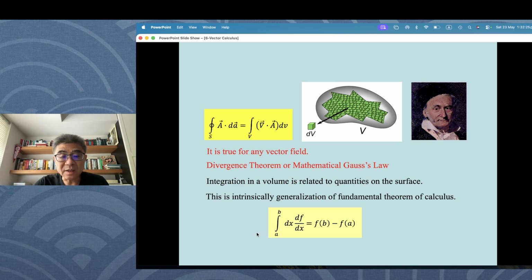The left-hand side, the integration, is the inside between the two endpoints. So somehow Gauss's law, or the divergence theorem, is a little bit related to the fundamental theorem of calculus. You can see a little bit of connection here. So it is surprising, but it is not surprising at the same time.